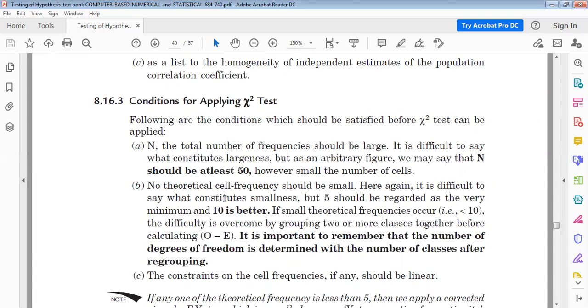Here again it is difficult to say how small is too small, but 5 should be regarded as the very minimum and 10 is better. If the theoretical frequencies are less than 10, the difficulty is overcome by grouping 2 or more classes together. Actually, we will understand this when we study the example.